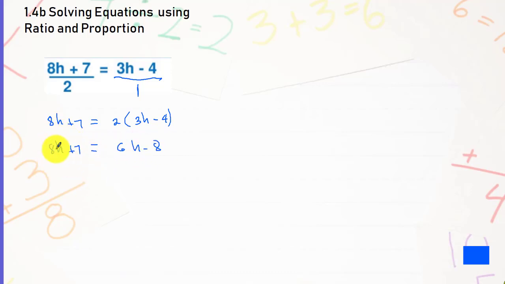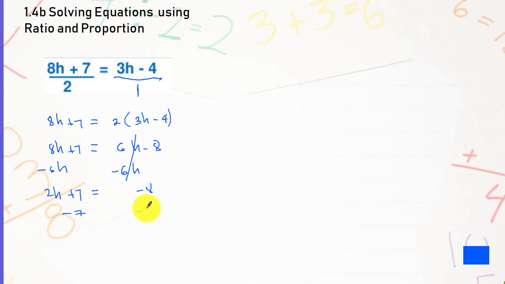We don't have any more like terms on this side, no like terms on this side, so let's undo the variable h. This one has a smaller coefficient compared to 8h, so I'm going to undo my 6h. Subtraction property. Additive inverse, I'm going to get 2h plus 7 equals negative 8.